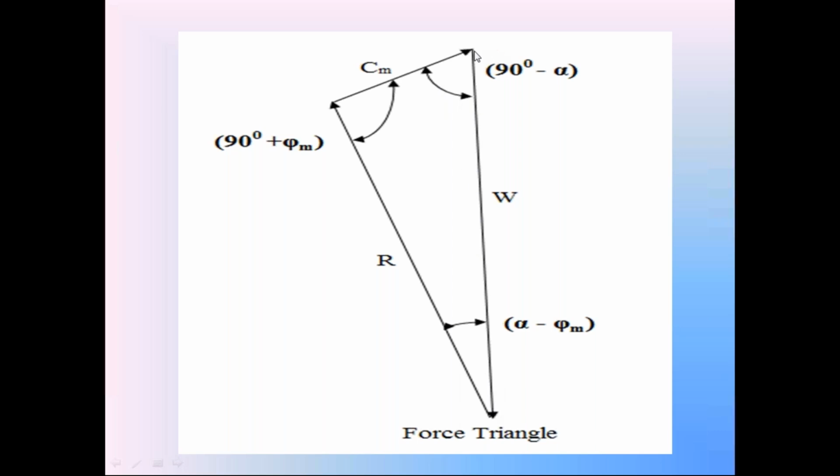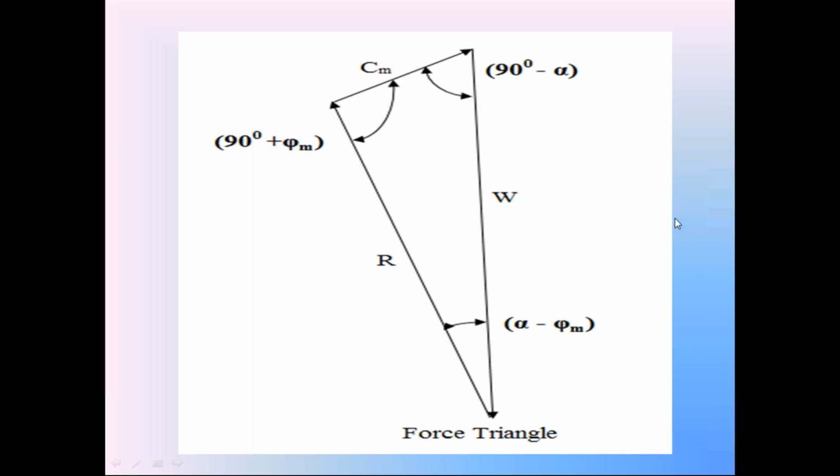Then from this end, draw the straight line parallel to force CM. Then from this other end, draw a straight line parallel to reaction R. These two straight lines will meet at a point. Then the length from this point to this point is the mobilized cohesion CM, and the length from this other point to this point is the reaction R.